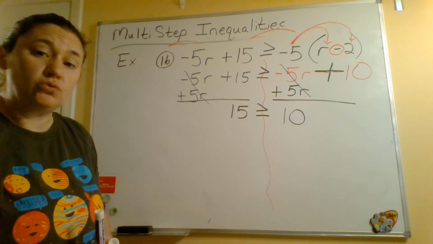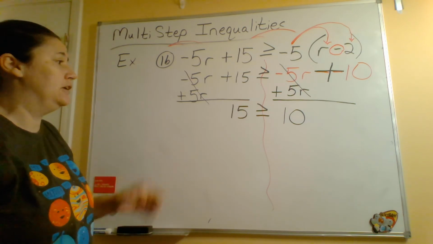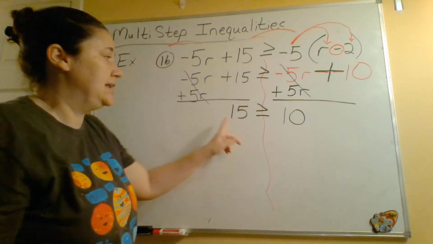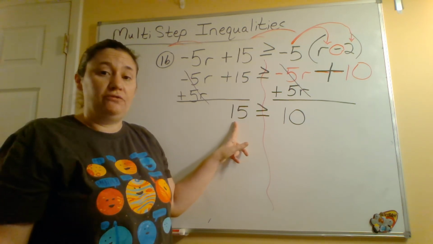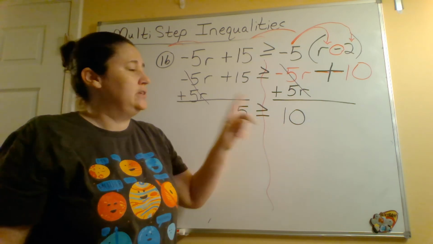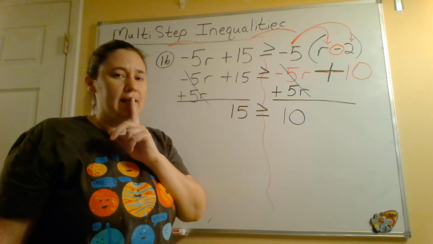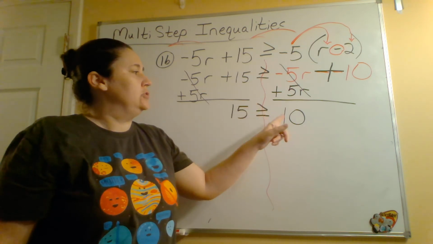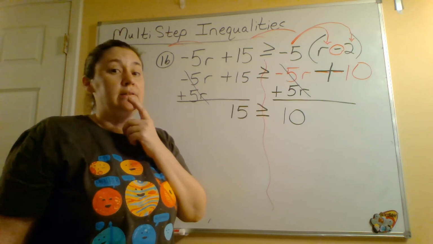Now, this is one of those weird situations. When all of the variables go away, you need to ask yourself, is this statement true or is it false? Is 15 greater than or equal to 10? Let's think about that. Is 15 bigger than or equal to 10? Yes, it is.